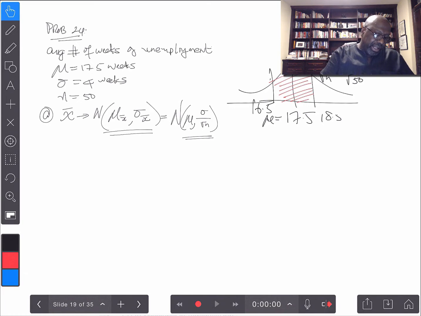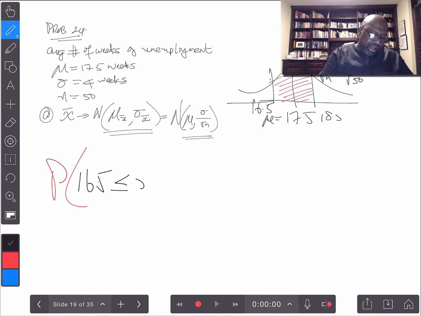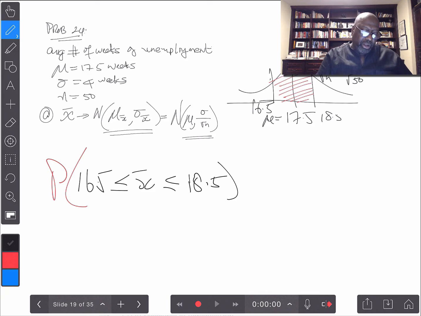This is how I would write that down: the probability that X bar is between 16.5 weeks and 18.5. Notice I don't put X this time, I put X bar, because that denotes that I'm looking at a sampling distribution. To get that probability, I must convert these two X bar values to Z values, the 16.5 and the 18.5.